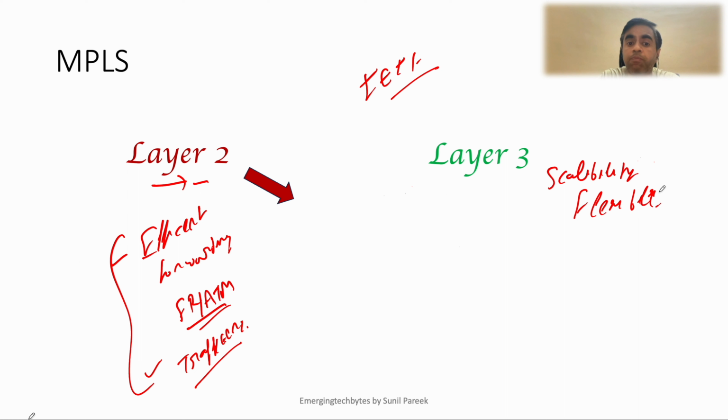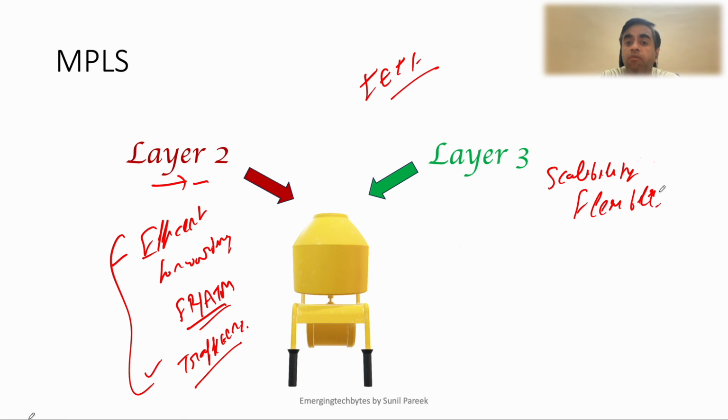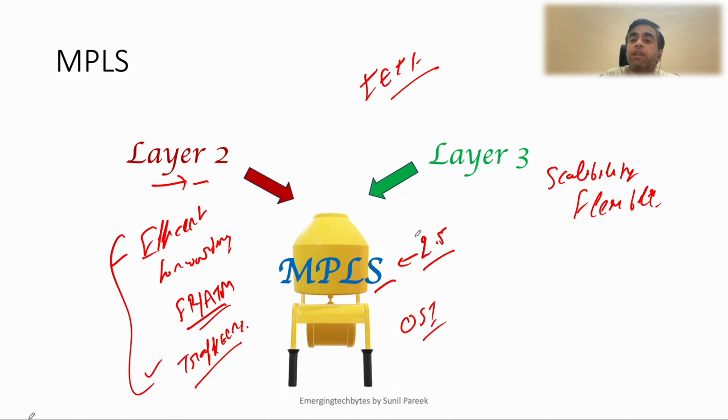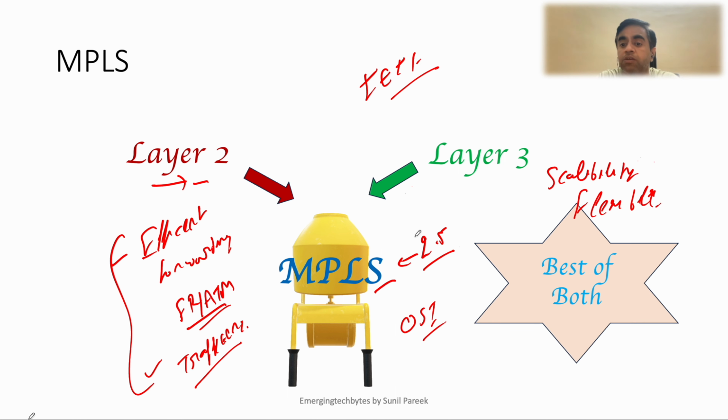They took the best of both worlds and they came up with MPLS. And if I give you the reference from the OSI model, people debate that MPLS fits somewhere around layer 2.5. So it is actually the best of both worlds.